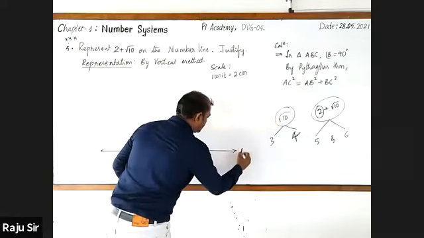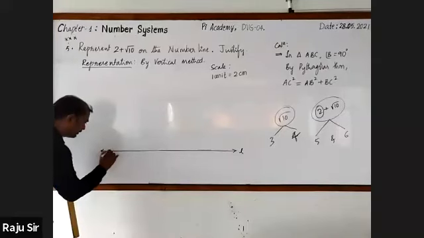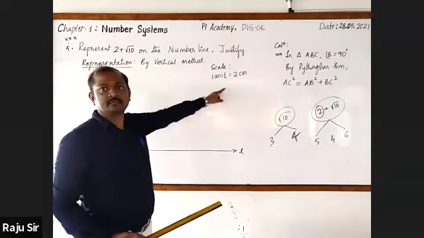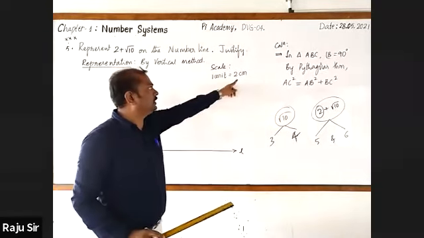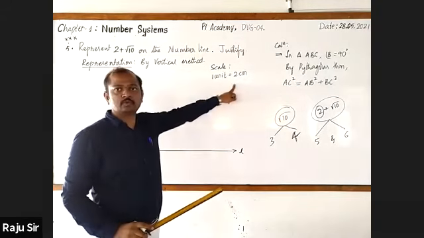And call this line as L. Here, you may mark the point 0. Write the scale. Scale is 1 unit is equal to 2 centimeter.